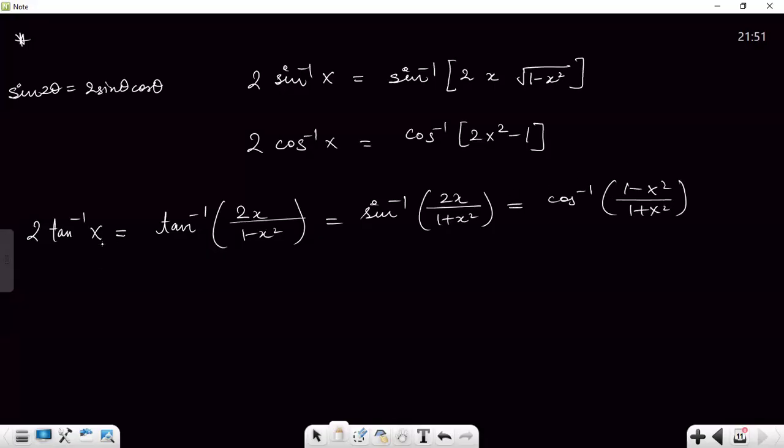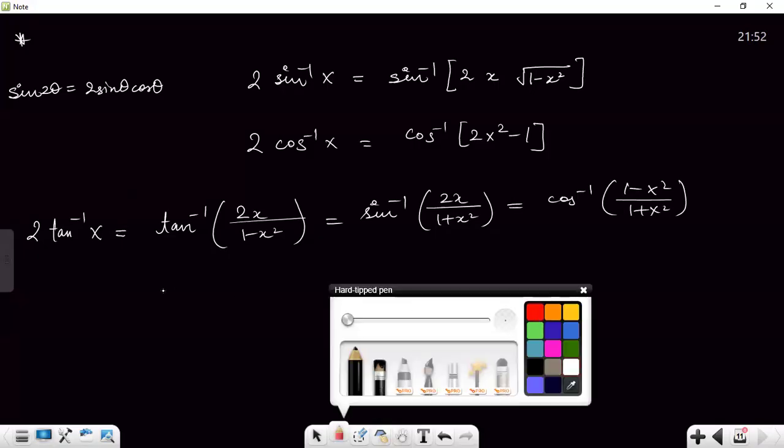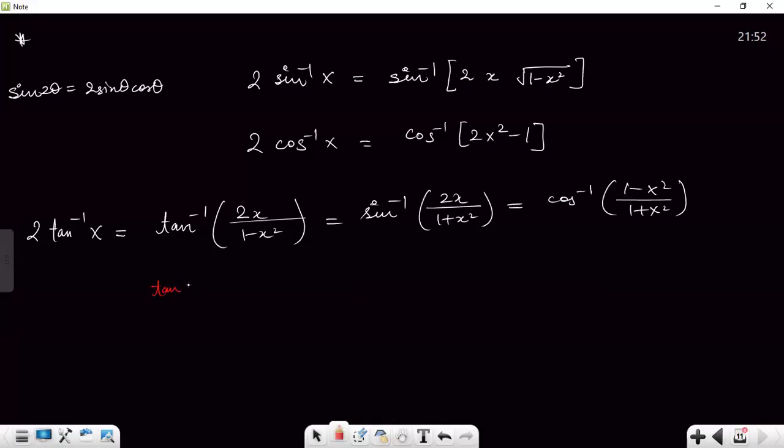Remember, here x is correlating with tan. So 2 tan theta upon 1 minus tan square theta was the formula of tan 2 theta. Sine 2 theta's formula was 2 tan theta divided by 1 plus tan square theta.